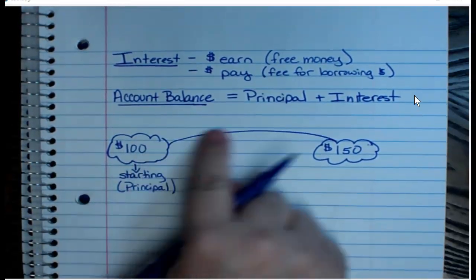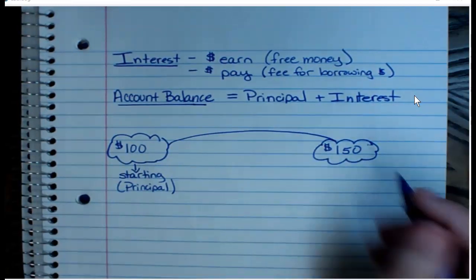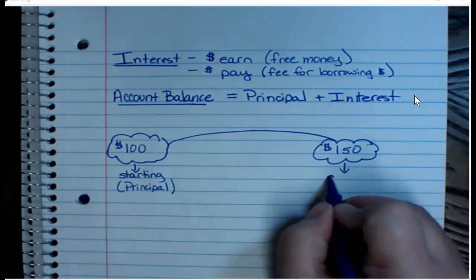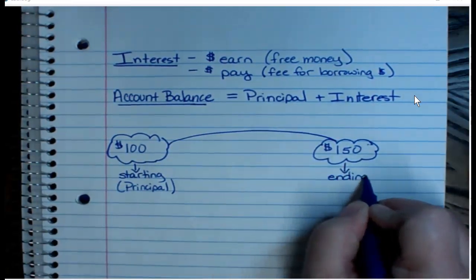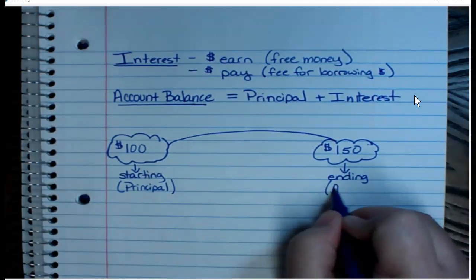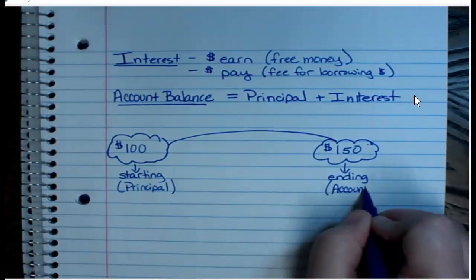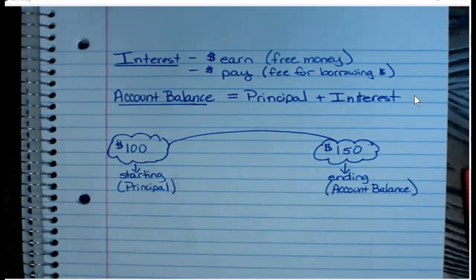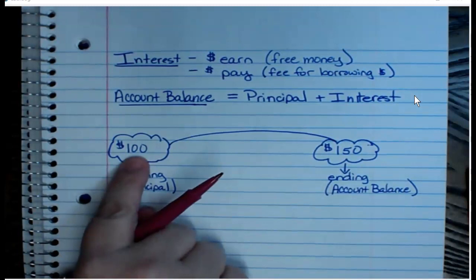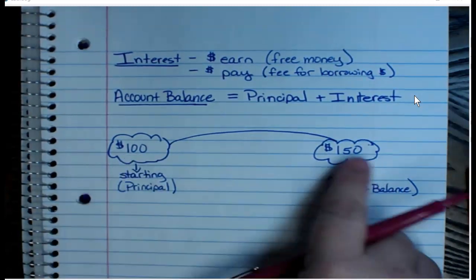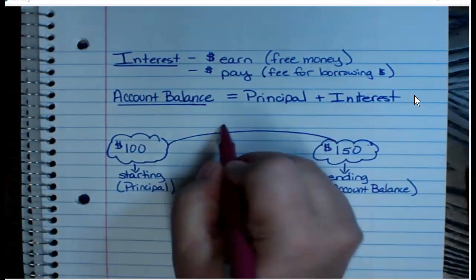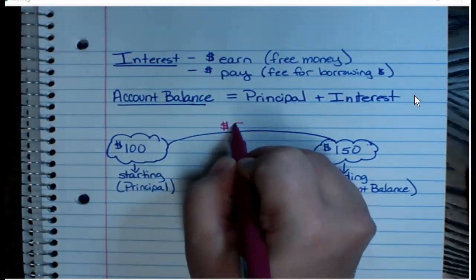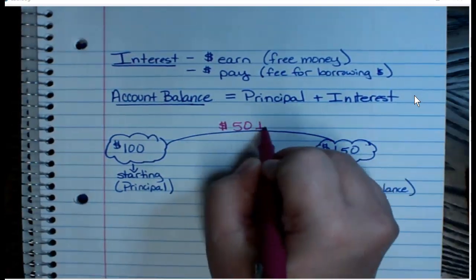And maybe after the year, I end up with $150. So this is my ending amount, which we know is our account balance. Well, how much money did I earn? If I start with $100 in my savings, I ended with $150, that means the bank gave me $50 in interest, or that free money.